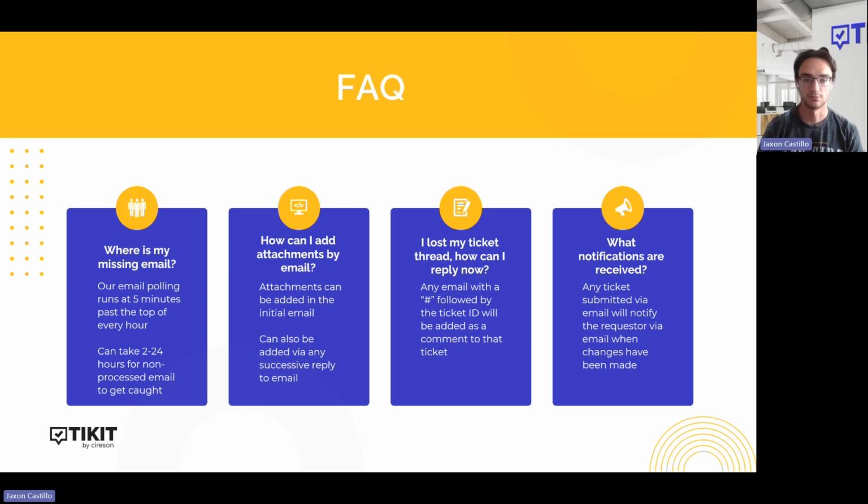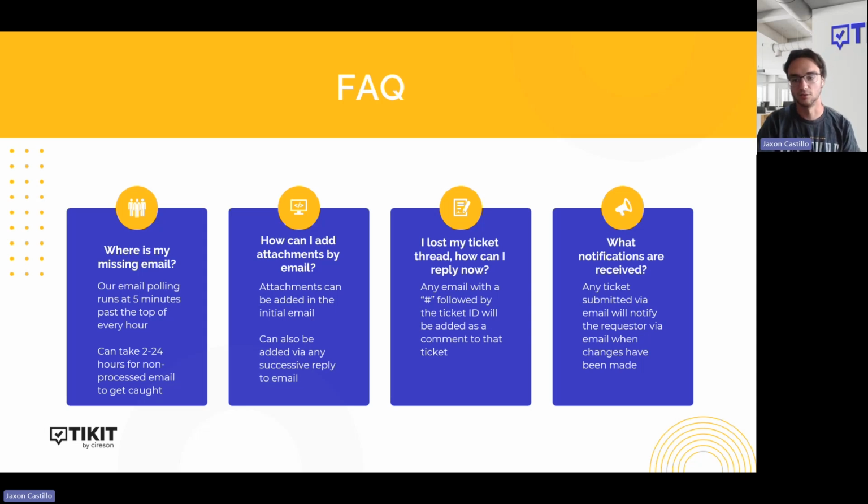Another thing to keep in mind is, say for whatever reason you delete the original response from Ticket that says we've received your email, or you've deleted any sort of correspondence you have with an agent that you're working with. Any email that you submit to the mailbox that has a # followed by the ticket ID will be added as a comment to the ticket that's currently active, or whatever ticket matches that ticket ID in the subject.